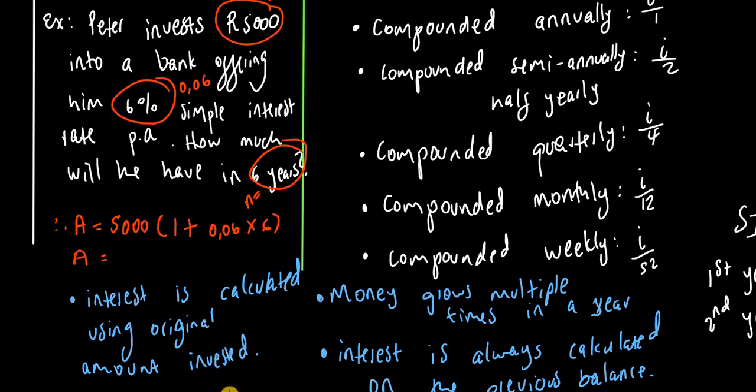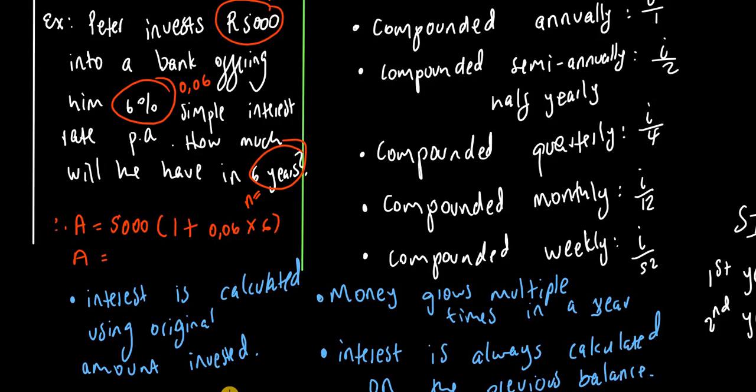Okay, that is the major difference between simple interest and compound interest. And then I'll always make this example. Let's say you invested 1,000 rands in a bank account, right? And then you leave that money for 15 years. The problem with simple interest is that every year they're adding interest using the original 1,000 you invested.